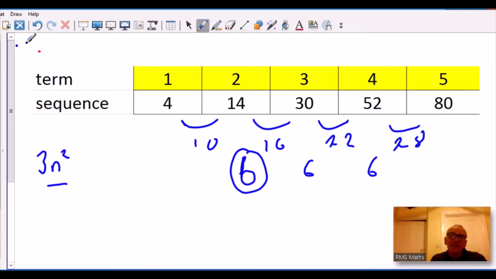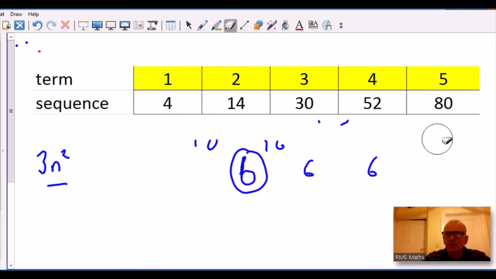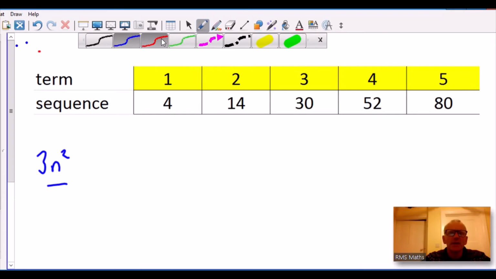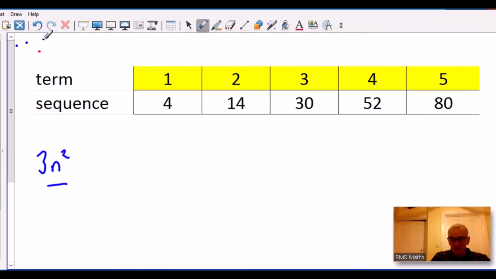So what we need to do is take out 3n squared from what our target sequence actually is. Just because I haven't got room here to show you properly, I'm just going to get rid of my little workings there. The whole purpose of that was just to see that it was 3n squared. Now the best way of doing this is to write down what 3n squared is.